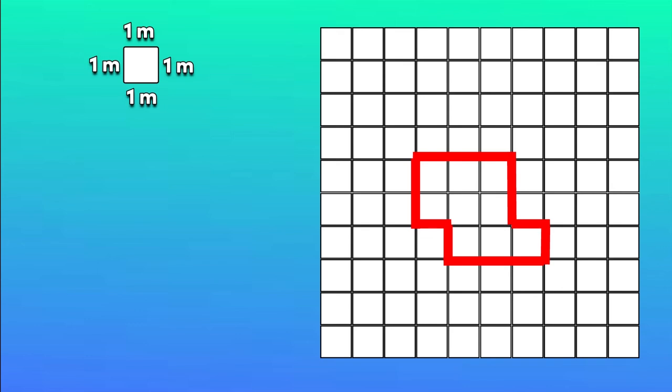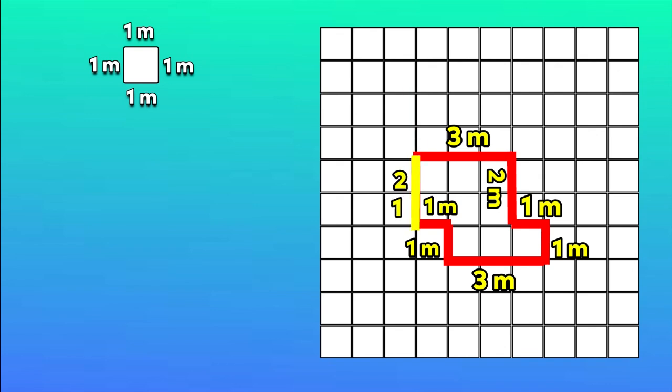So the lengths of the sides are 3 meters, 2 meters, 1 meter, 1 meter, 3 meters, 1 meter, 1 meter, and 2 meters. Add all the lengths.